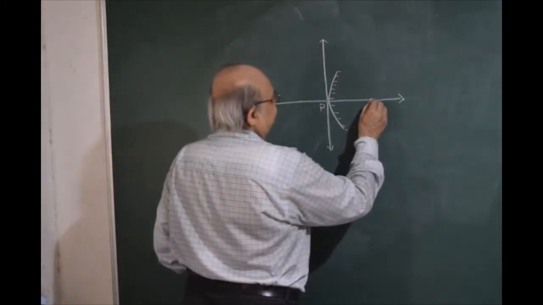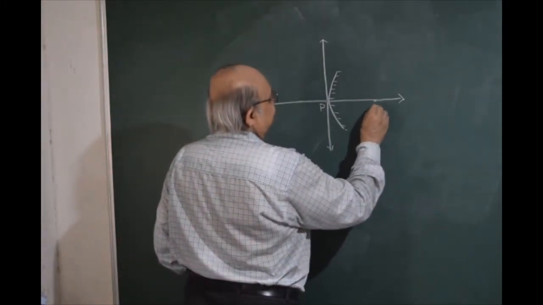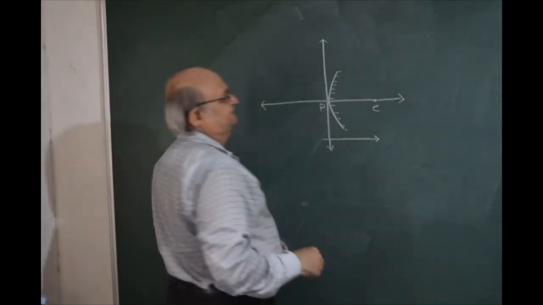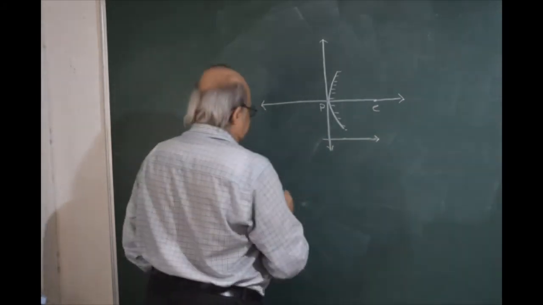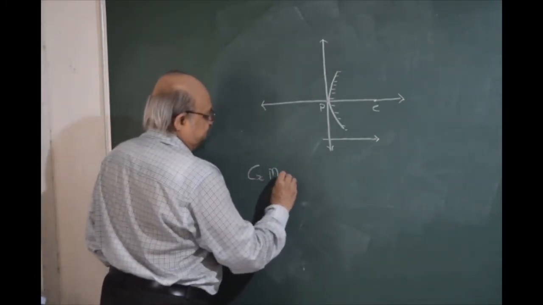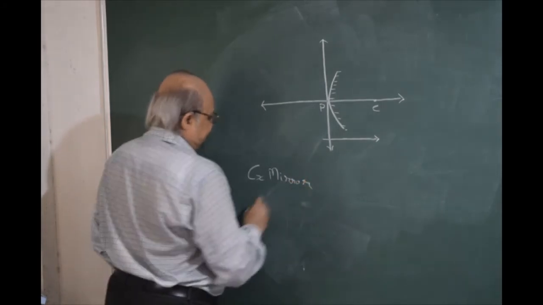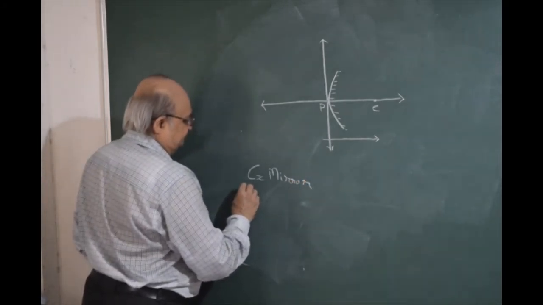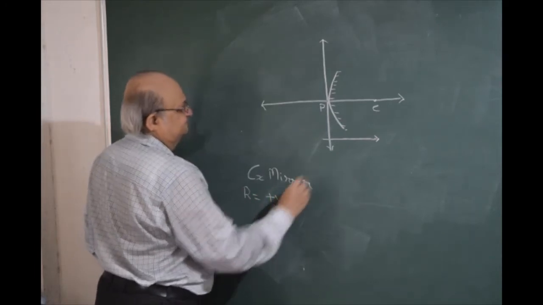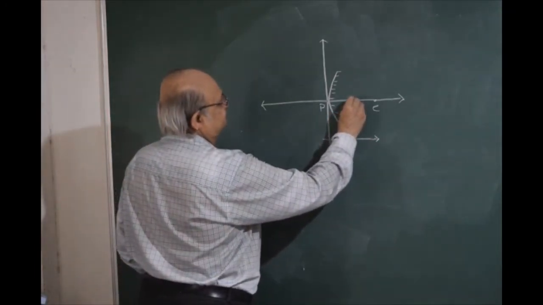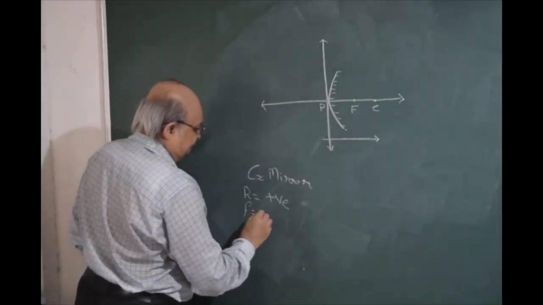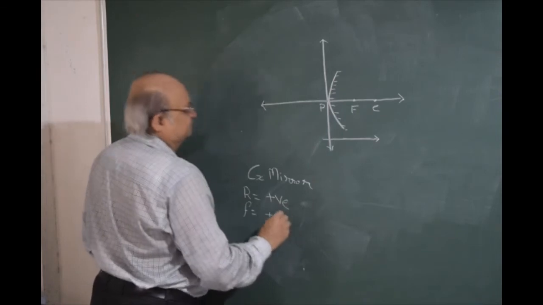The center of curvature will be somewhere here. Now we will be measuring towards the positive side of the x-axis, and therefore for convex mirror we will have the radius of curvature as positive. Principal focus will be somewhere here, and therefore focal length will also be positive.